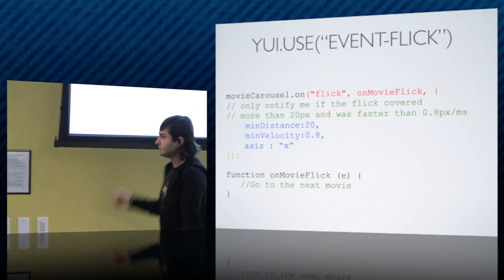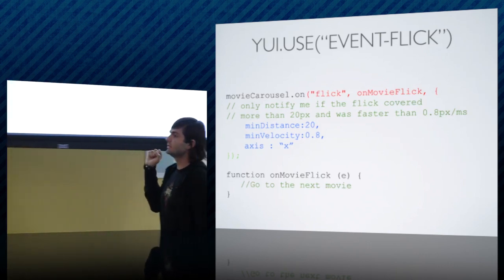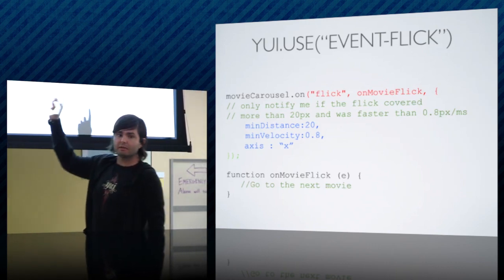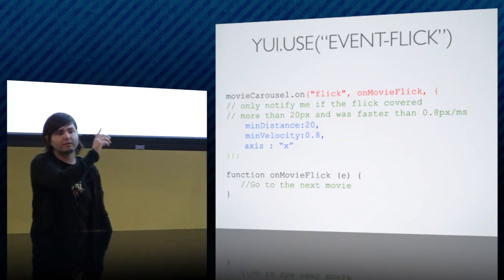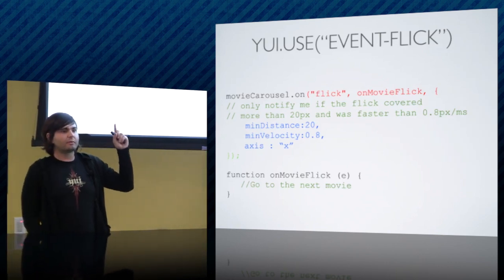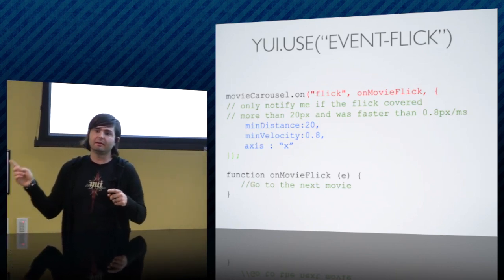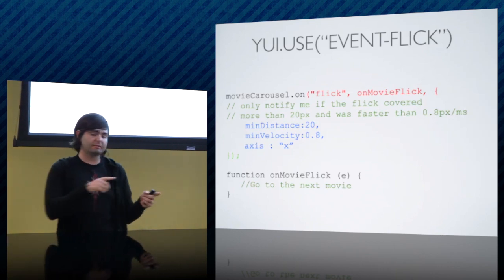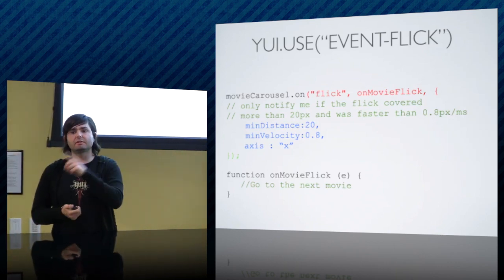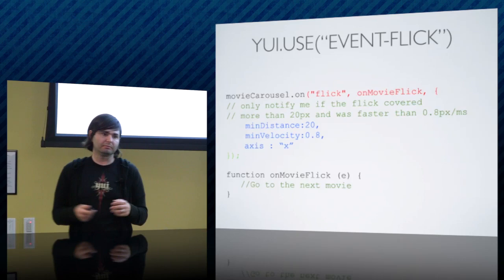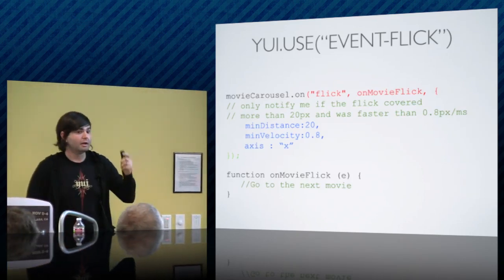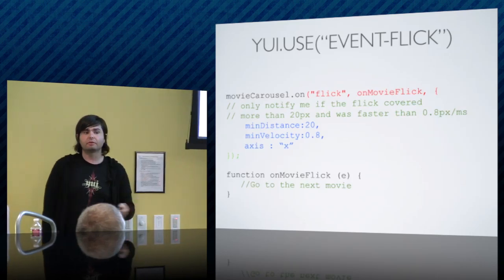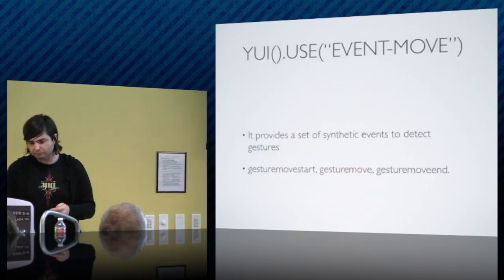Now, I want to stress this point because it is very important. That Flick event would have worked the same on a PC. This is not just for a phone. If I was to load my app on a PC browser, I could have done just this with my mouse. It would have worked just the same. So you see the value behind using YUI when you're thinking about deploying your applications everywhere.